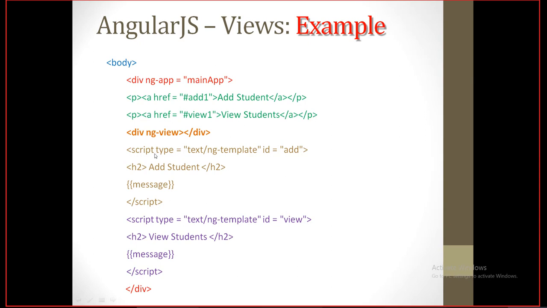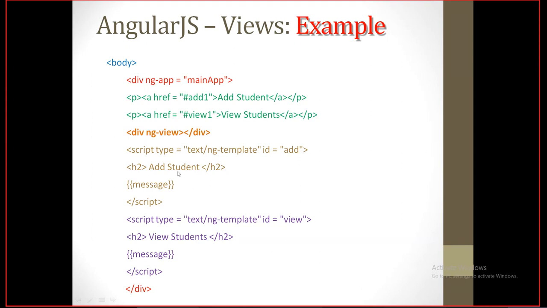So remember, when we write the script tag, the type is text/ng-template. So this acts as a script template. And we are providing an ID for this particular template as add. Similarly, for the other view that we are creating, the ID is view itself, because it is related to viewing the students.